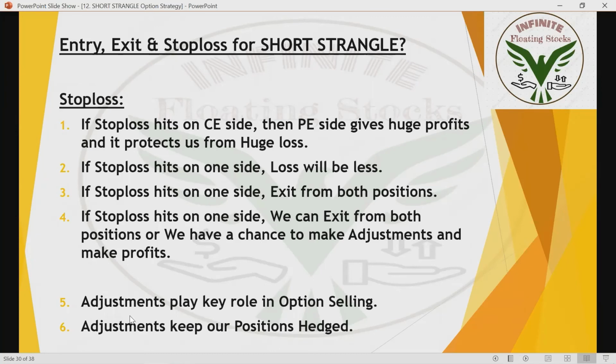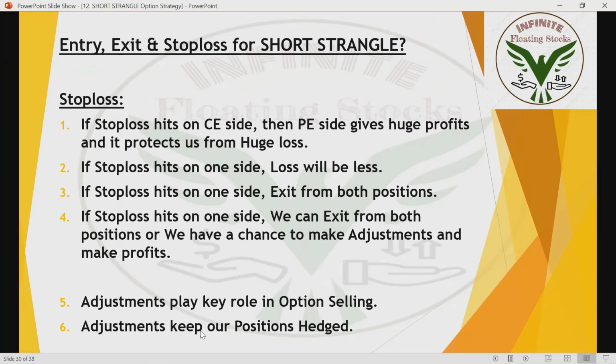Adjustments play a key role in option selling. Even if your stop loss hit, even if you're facing losses, with proper adjustments you can bring back all your lost money. Adjustments are nothing but changes you make to minimize your risk and to bring that lost trade back into profits.